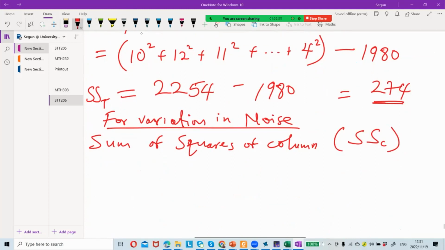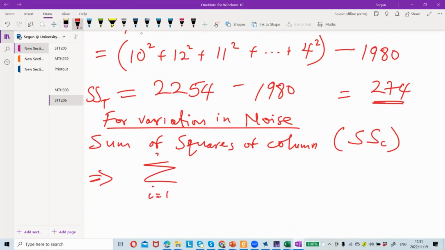So for the column, the sum of squares of column simply means the summation of the column totals squared, I from 1 to 3 because we have 3 columns, divided by A, minus the correction term.